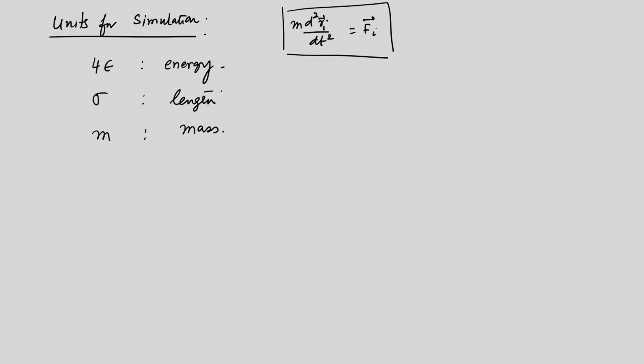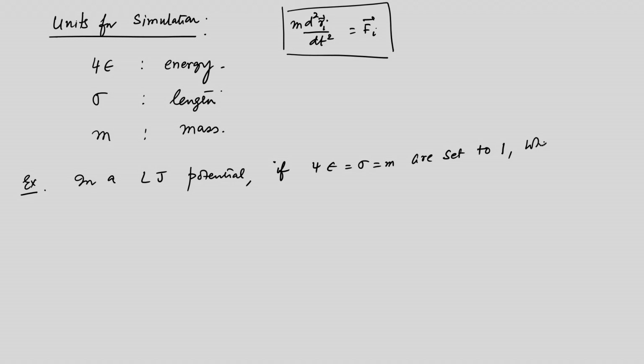So, this mass is important, and so if you are given a simple problem that, in an LJ potential, if 4 epsilon equal to sigma equal to m equal to 1 is set, what is the unit of time? That is the question. Okay.